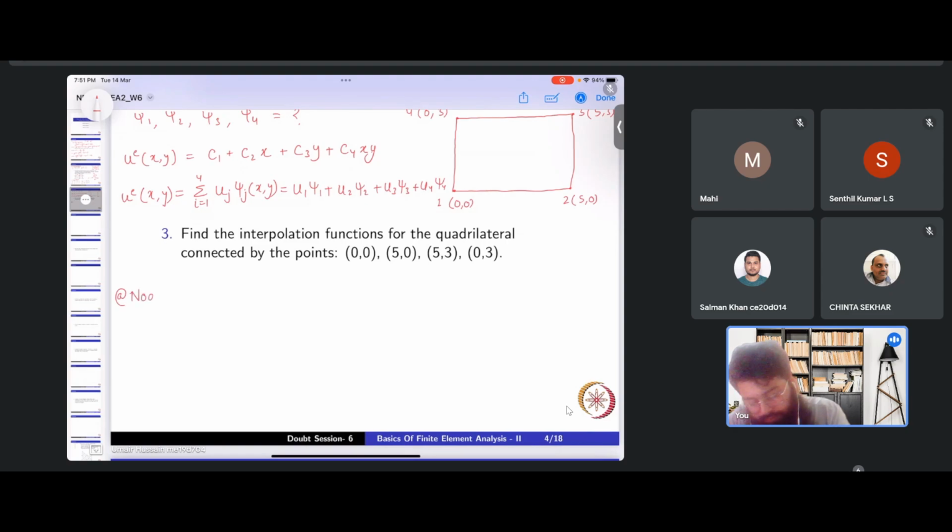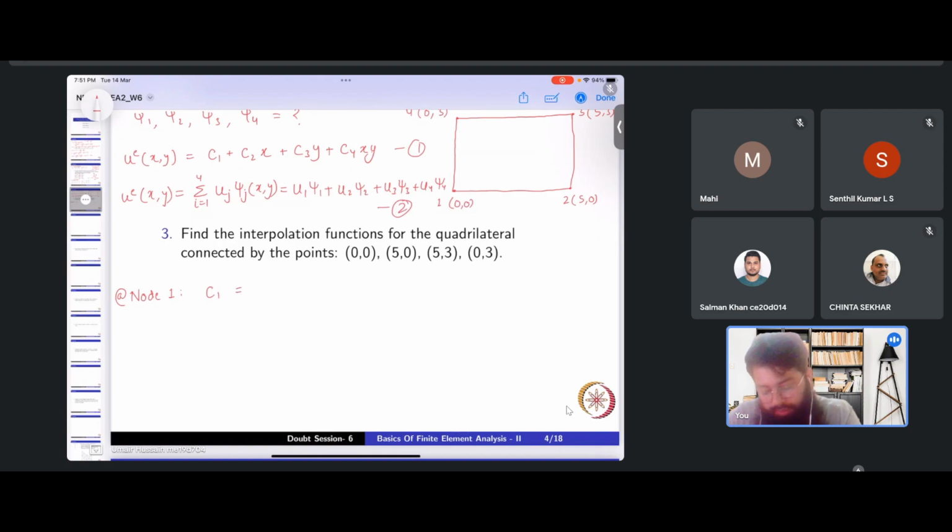So at node 1, this is equation 1 and this is equation 2. Using equation 1, we can straight away substitute the values of x and y. So x is 0, y is also 0. So what should be the value here for ue? Should be equal to c1.